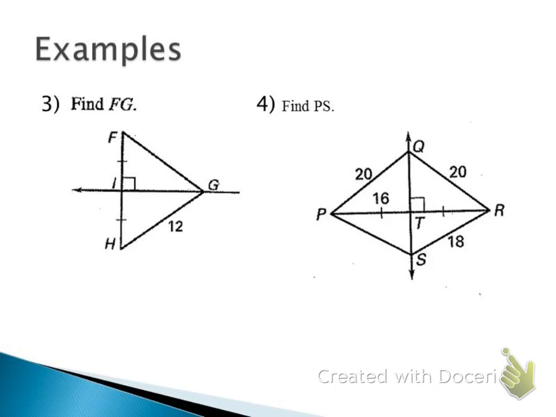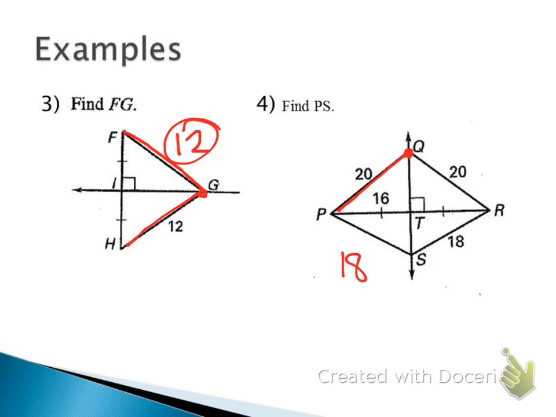All right, so number 3 and 4, same sort of setup. We have perpendicular bisectors. So, what do I know about FG? It's 12. Good. It is the same distance from G to F as it is G to H. So 12 and 12. Good. What'd you guys get for number 4? 18. Very good. This is a cool problem. Do you see how this is a point on the perpendicular bisector Q?